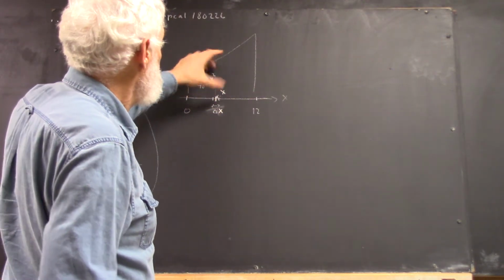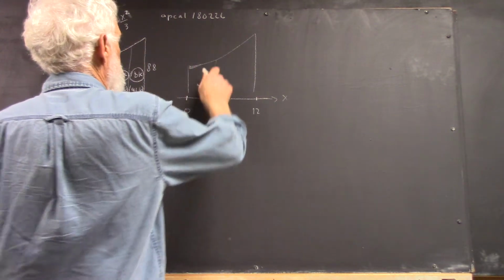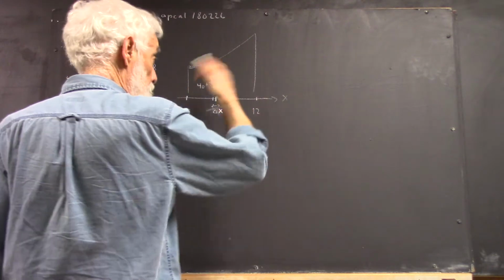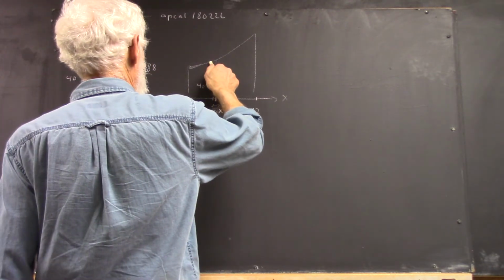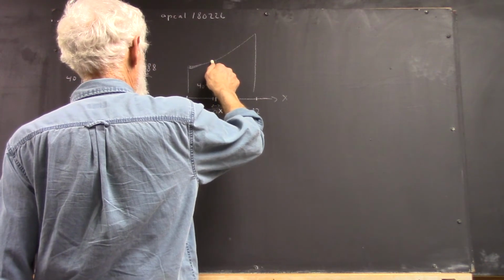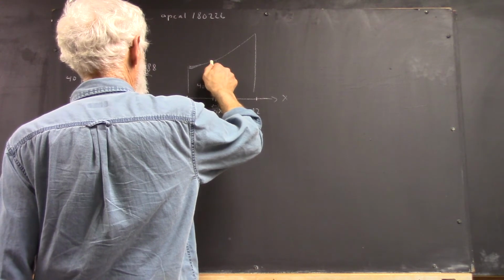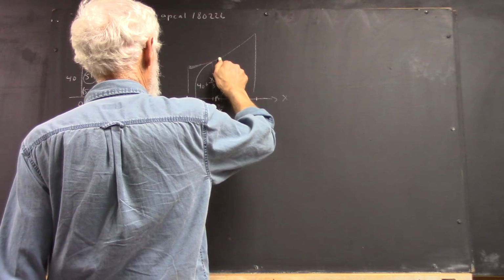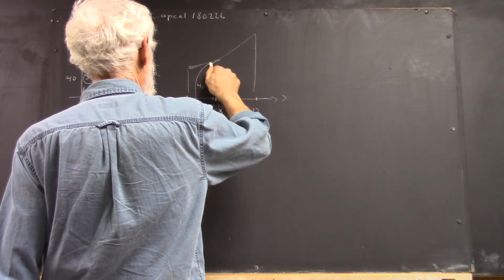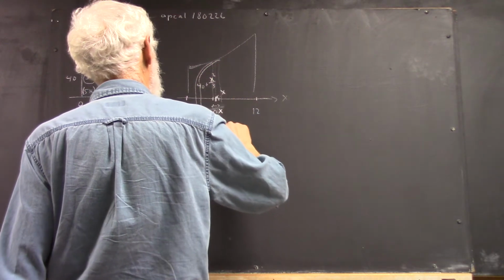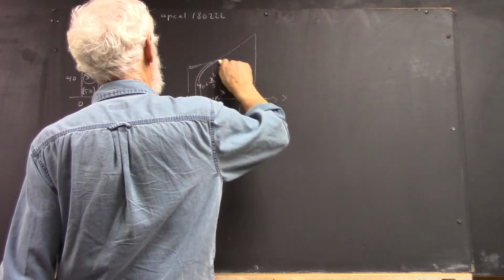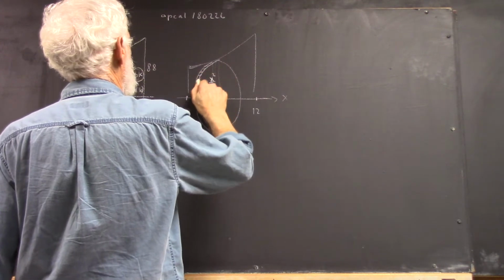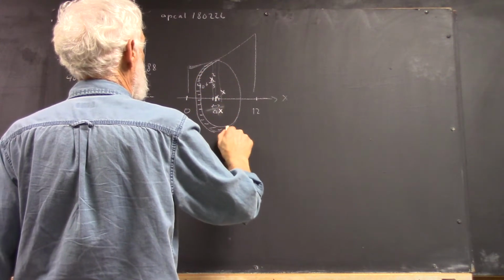Now, if we revolve this segment here about the x-axis, we're going to get something that's pretty close to a disk. It's going to be somewhat beveled. It might look something like this. Not particularly well drawn, but you get the idea.